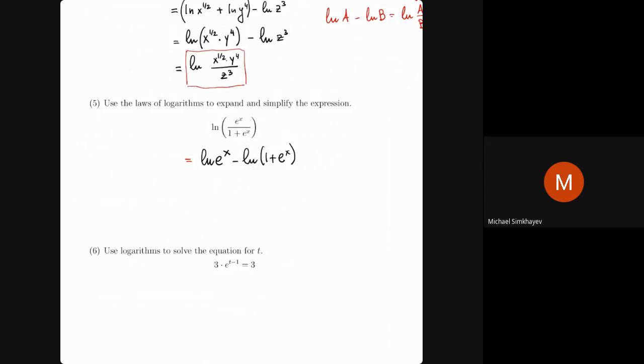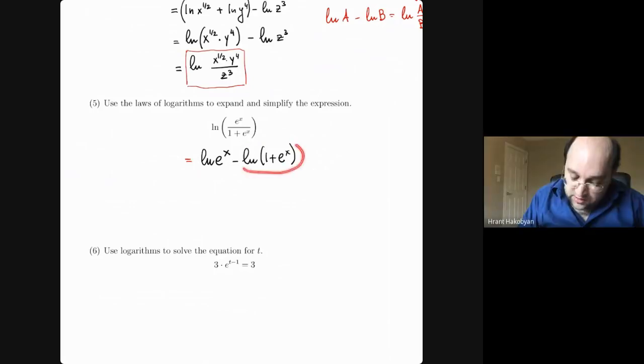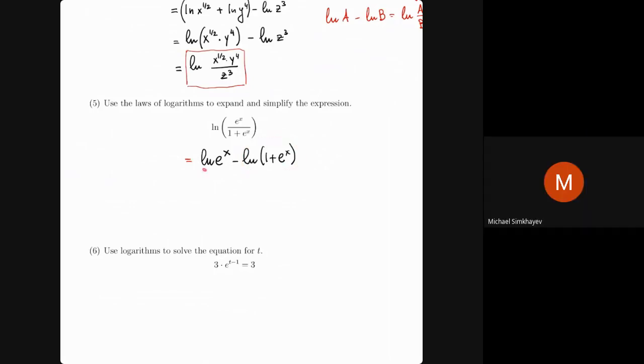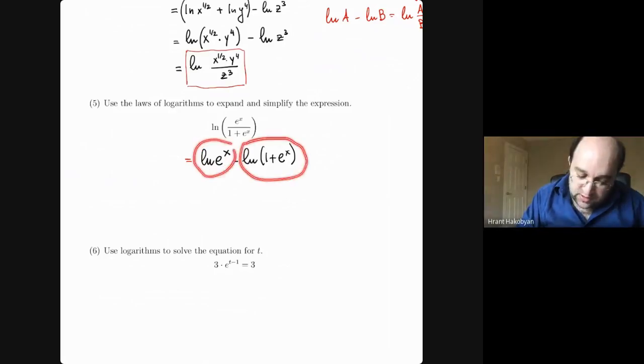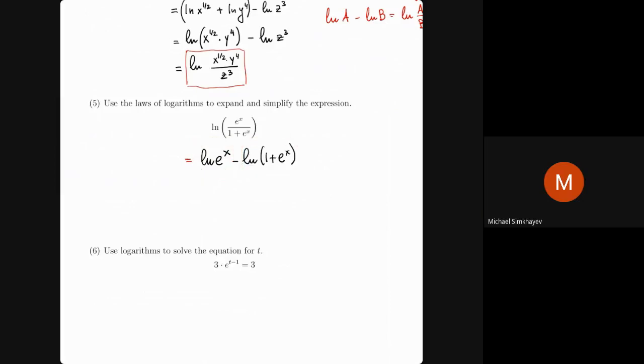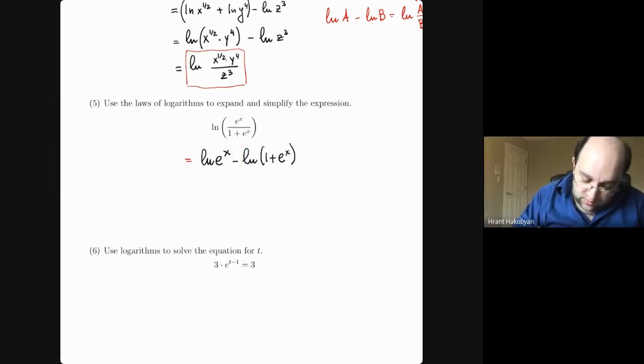Isn't ln e just 1? Or is that x ln e? Yeah, I'm going to do that in a moment. This one I cannot simplify, but this one I can. So this is equal to x. Remember, natural logarithm is logarithm with base e of e to the x.